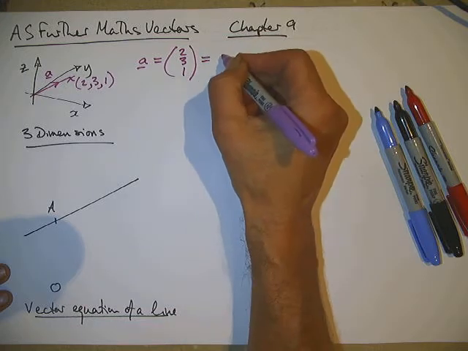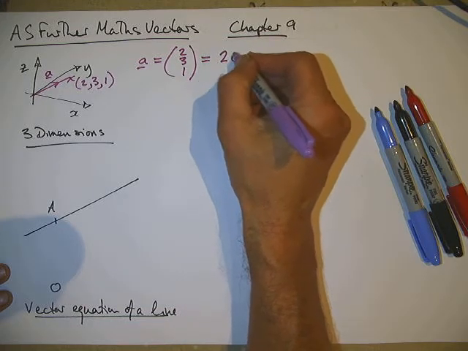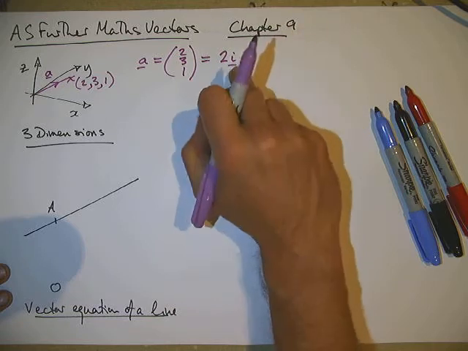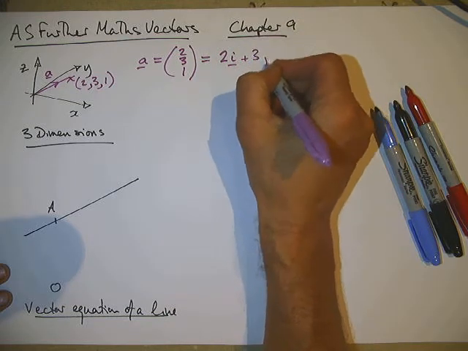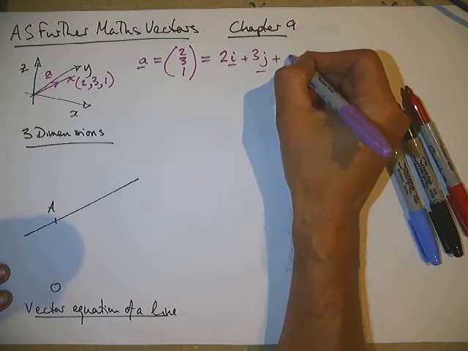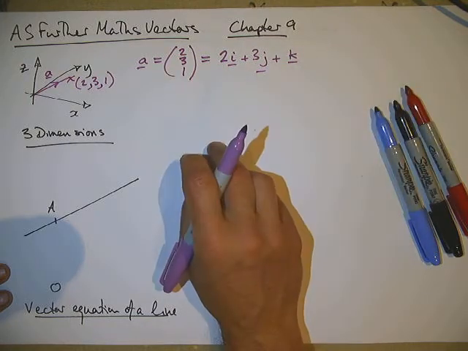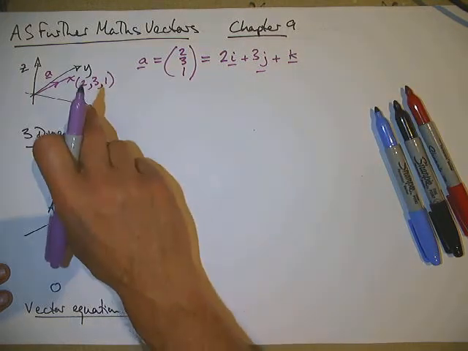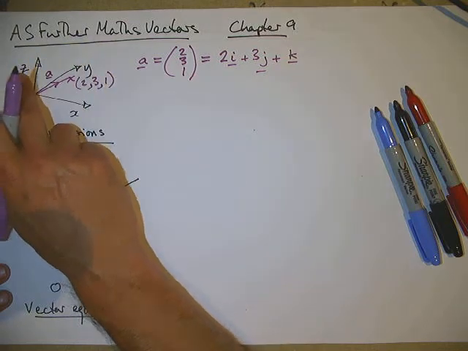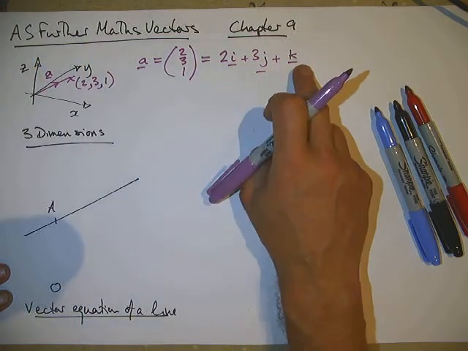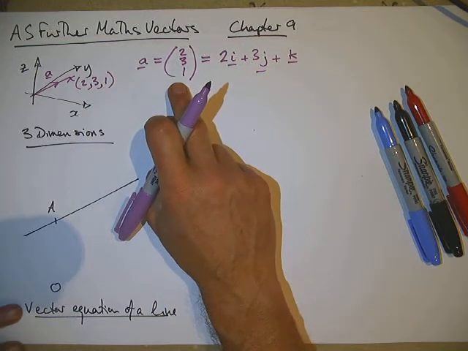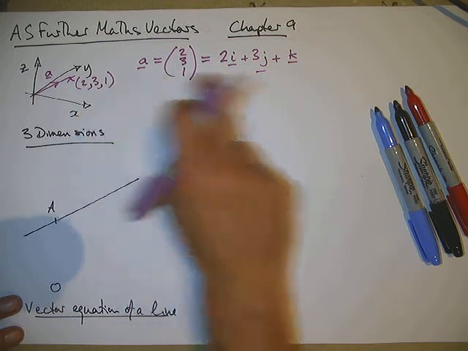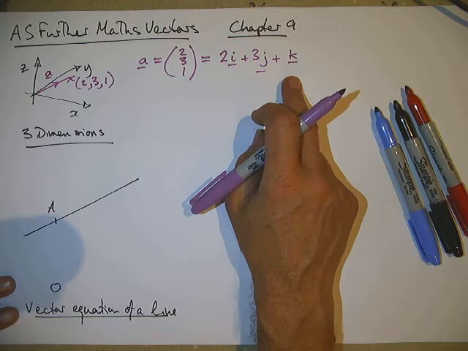In the new format we're looking at, it'd be 2i, where the unit vector in the x direction is i, plus 3j plus 1k. So 3 dimensions, x, y, z axis, i, j, k components, or a column vector with 3 parts. Hopefully you're thinking an obvious extension to what we're doing in 2 dimensions.